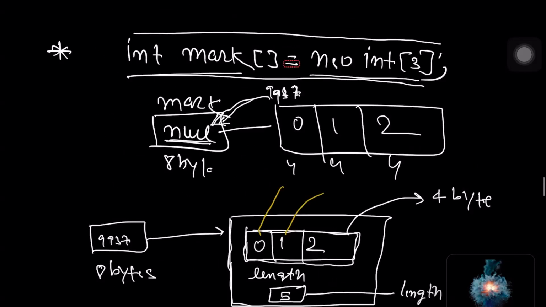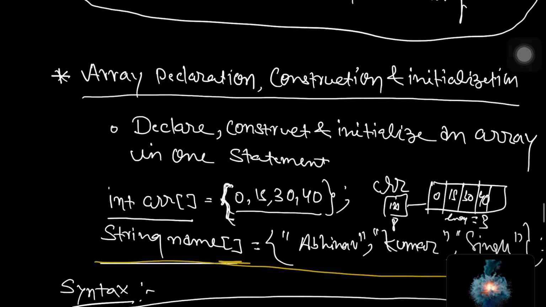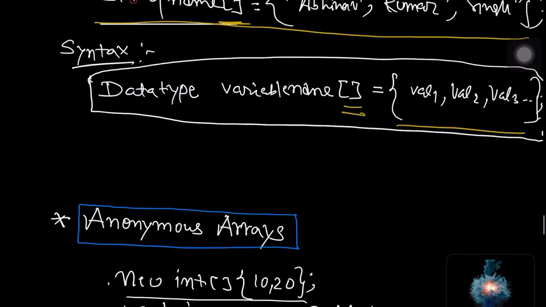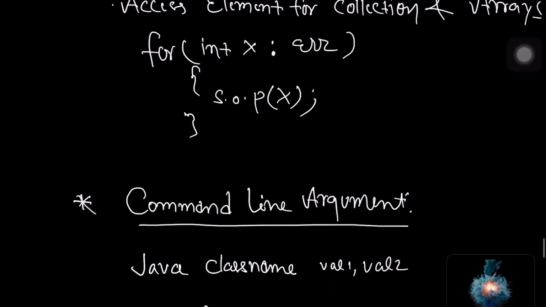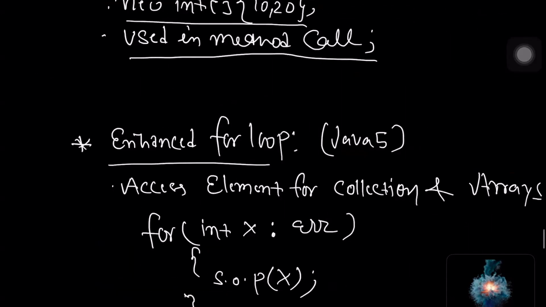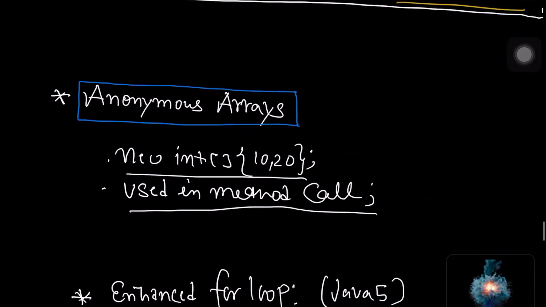So what we'll do today, we'll see some programs, we'll create arrays, and after those programs we'll see command line arguments, array construction and all. Let me stop sharing this screen.